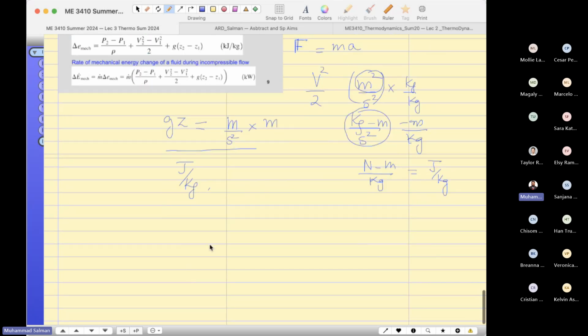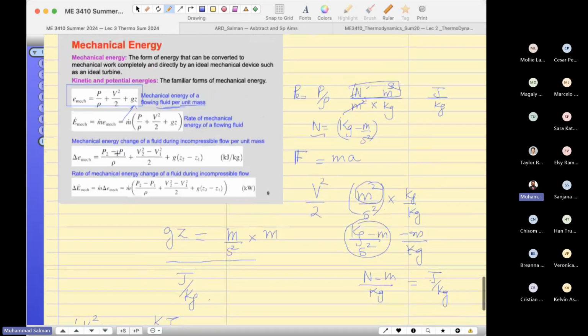And if you want to write in kilojoules per kilogram, you will divide by 1000. For example, if I say half v square divided by 1000, then the unit will be kilojoules per kilogram. And if you want to find out the difference at two locations, I already explained this.